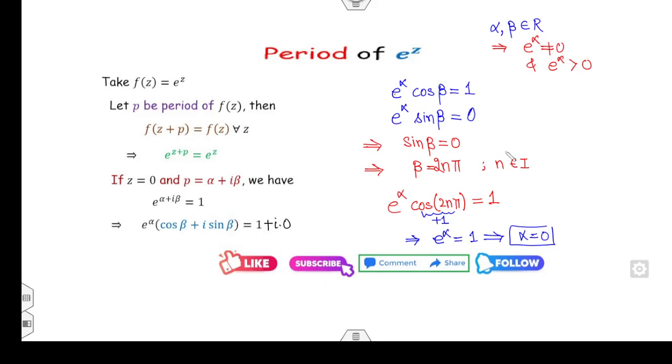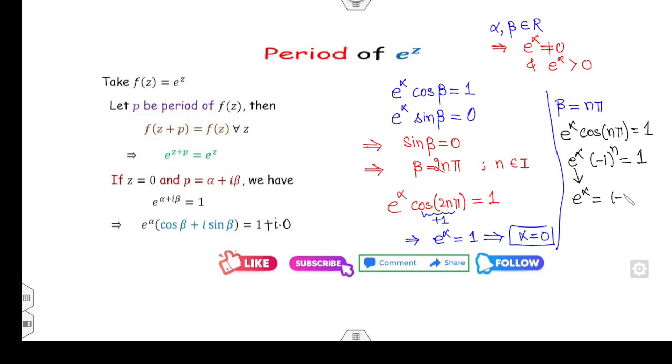Otherwise, what happens? If you choose beta as n pi, then you substitute in the given equation: e raised to power alpha cos of n pi is 1. Fine. What is cos of n pi? It will be minus 1 raised to power n. Then you have to choose e raised to power alpha as minus 1 raised to power n.